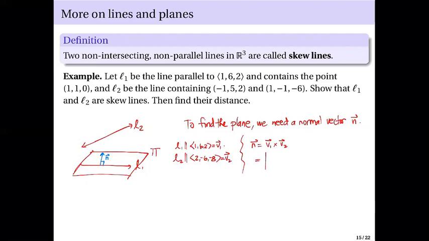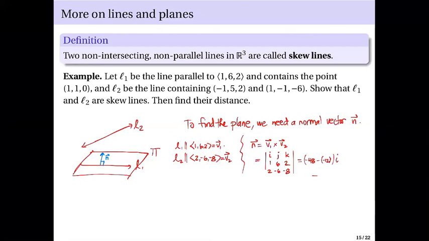So cross product, you have i, j, k, v1 is 1, 6, 2, v2 is 2, negative 6, negative 8. So in here, we have the quantity 6 times negative 8, that's negative 48, minus negative 6 times 2, that's negative 12, i.